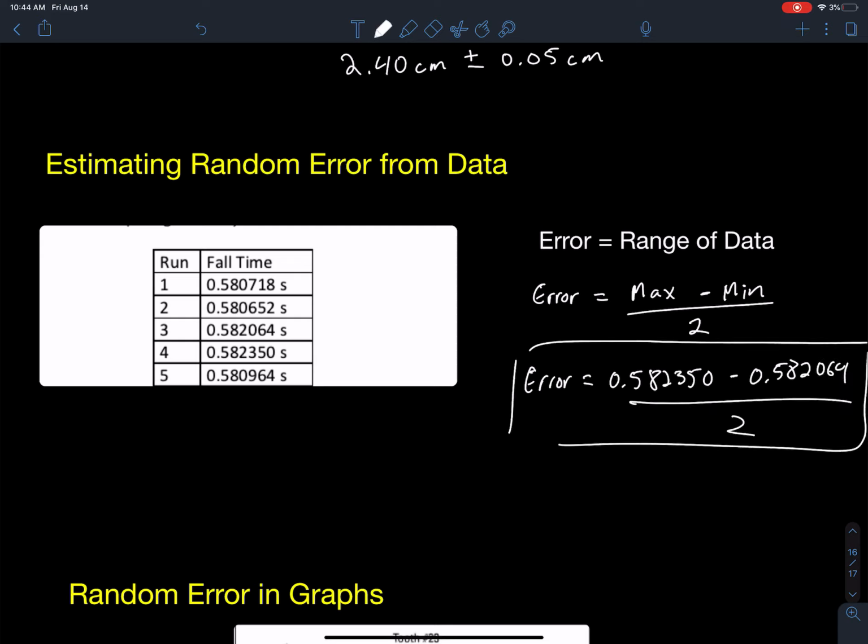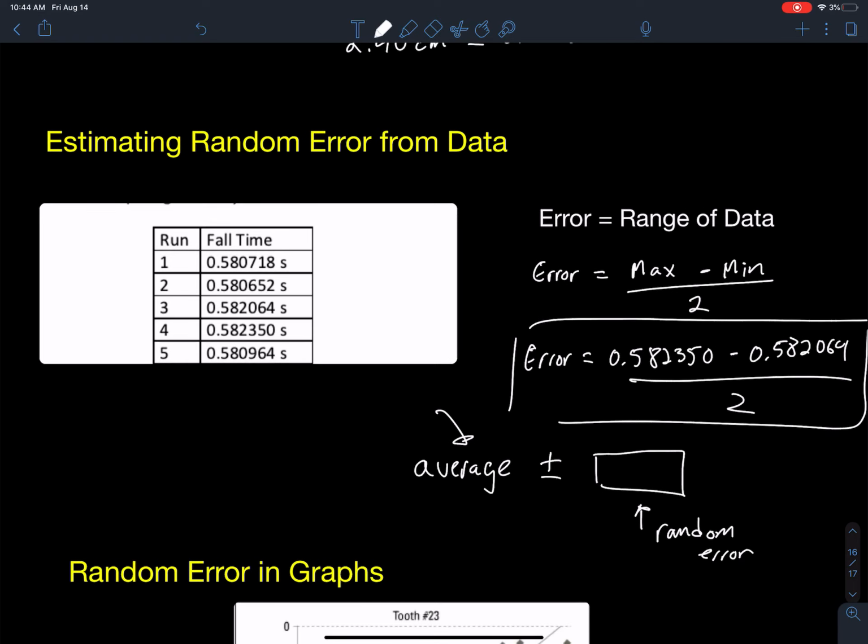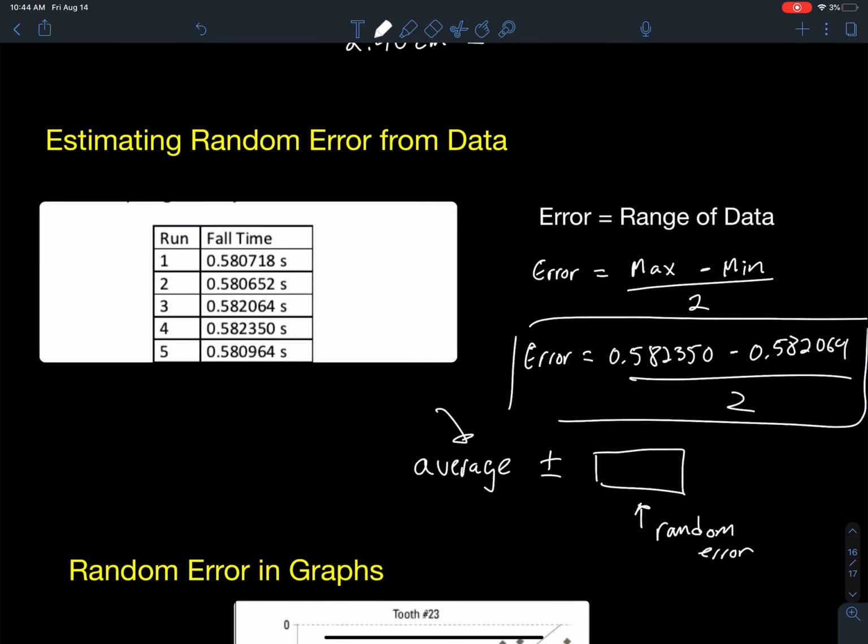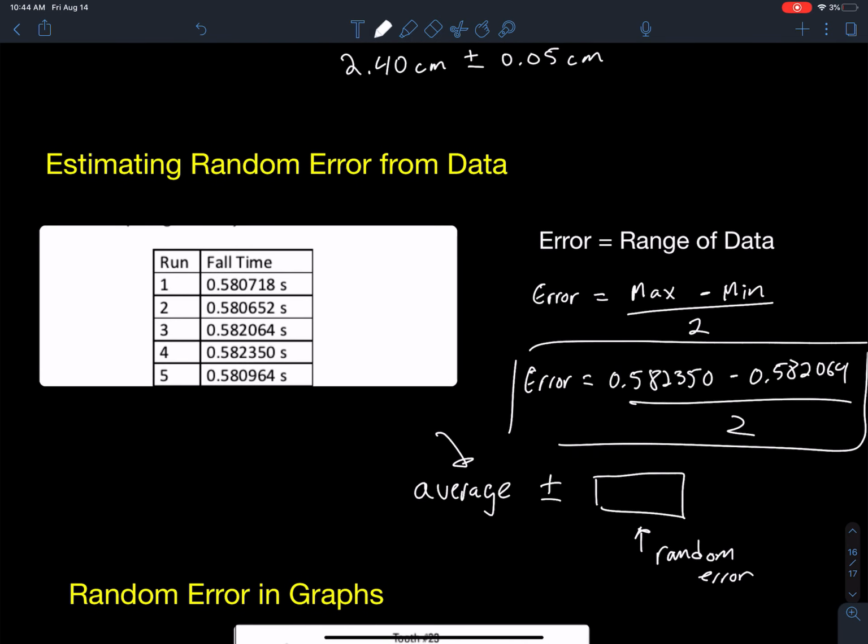If I calculate that, that'll give me the plus-minus value that I would put after the average that I would calculate. And that is my estimate of random error in my experiment. In that case, the student did quite a good job of minimizing the random error, probably used a digital meter to measure all that.